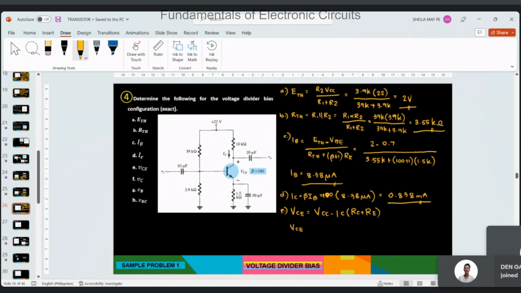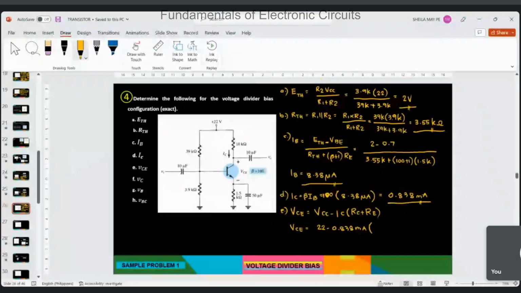So VCC at 22 minus IC at 0.838 milliampere, RC at 10K, RE at 1.5K, okay, VCE, so that's 12.36.